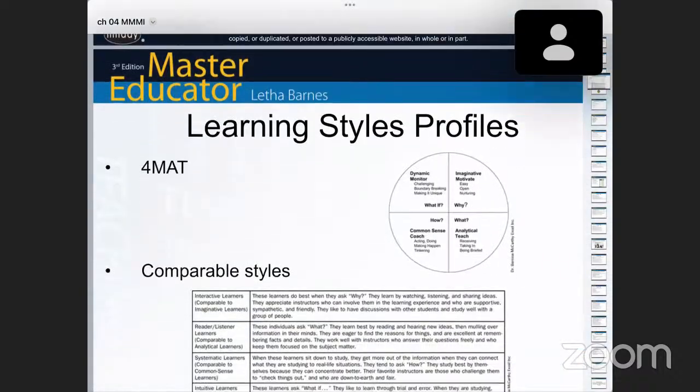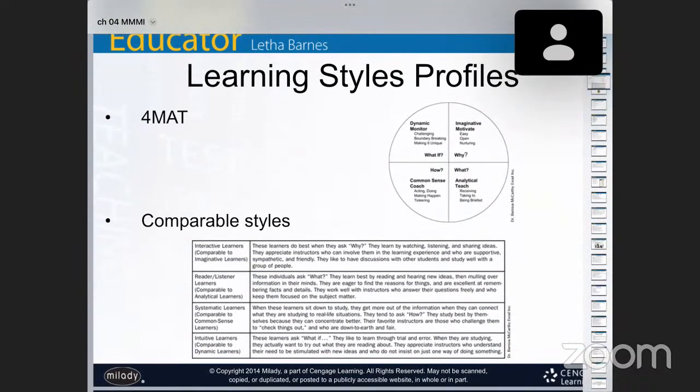Okay. Let's look at our learning styles and comparable style. I am an interactive learner and an interactive teacher. I want my students to talk back to me when I teach. A lecture is going to put me to sleep. That's where you just talk, talk, talk, talk, talk, and talk, talk, talk.